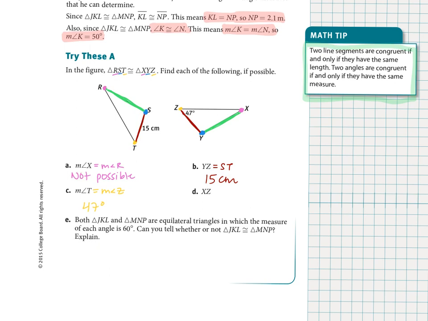All right, last but not least, let's look at measuring from our pink to our yellow point. That's going to be R to T, and that's going to match from X to Z. So what that means is XZ is going to be the same measure as RT.